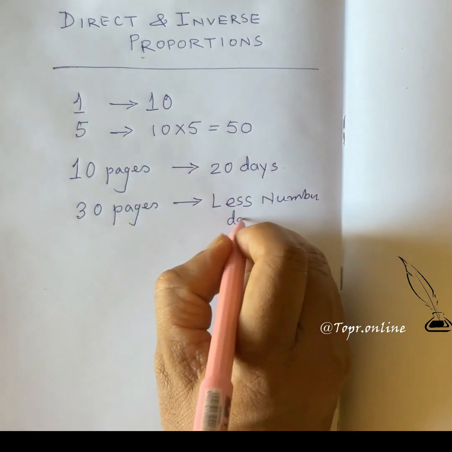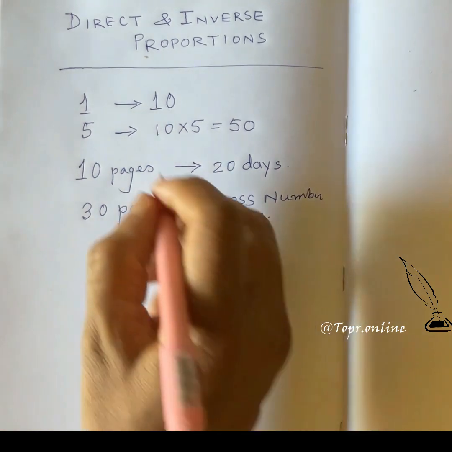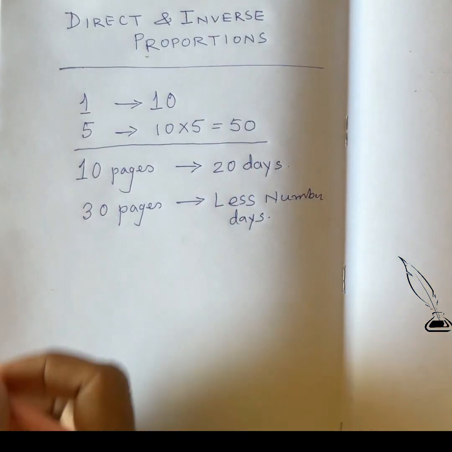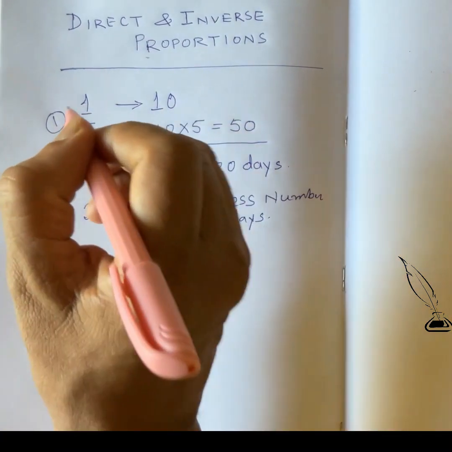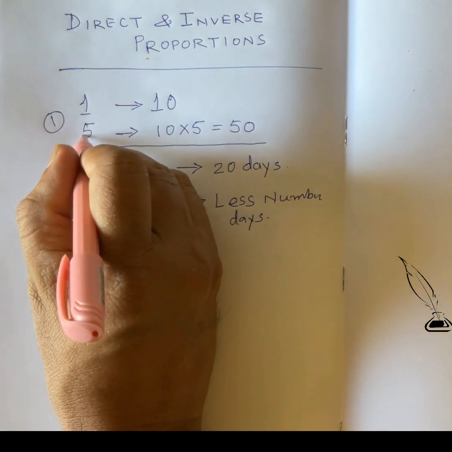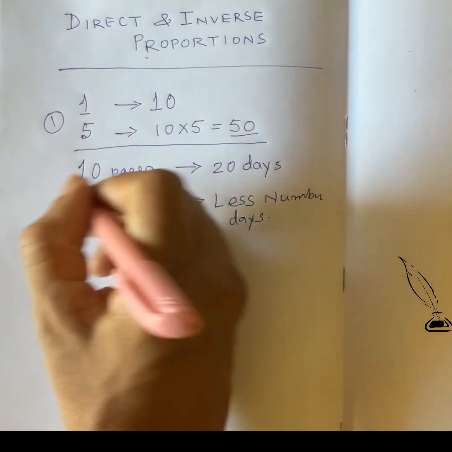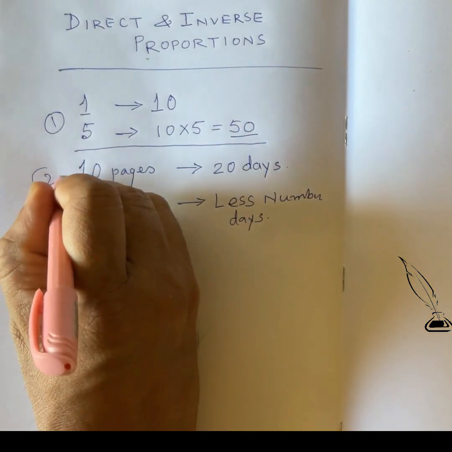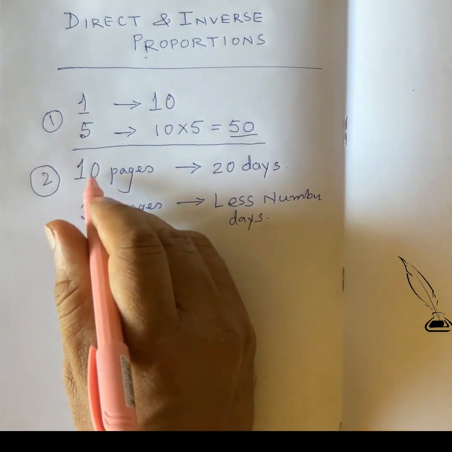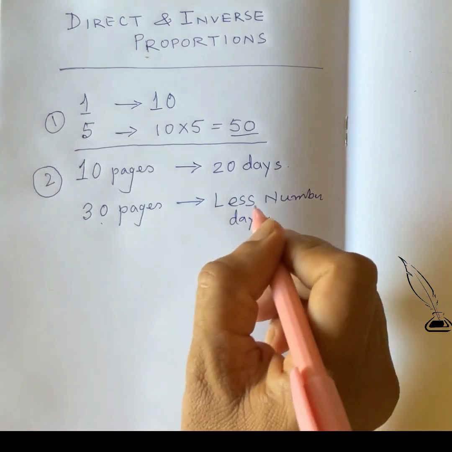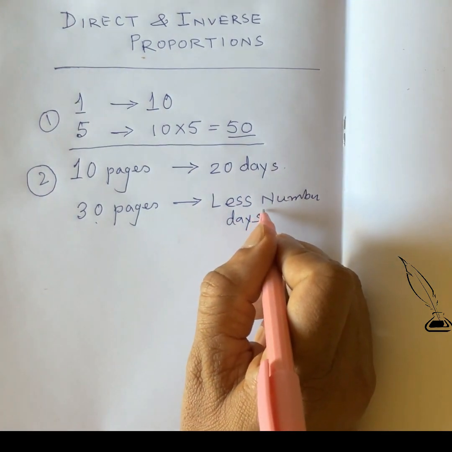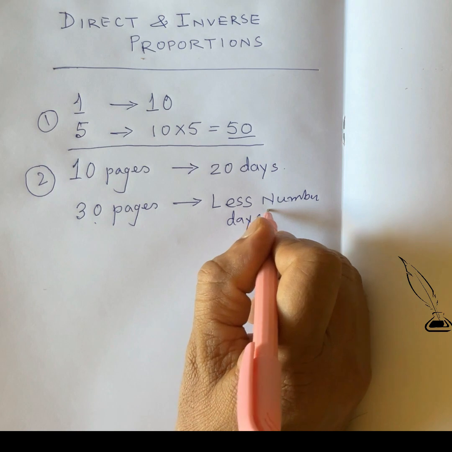That means there are two kinds of problem. First kind, where if the number increases, the result increases. Second kind, where if the number increases, the result decreases.